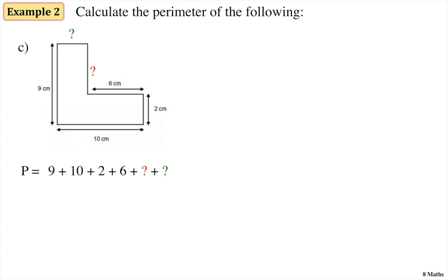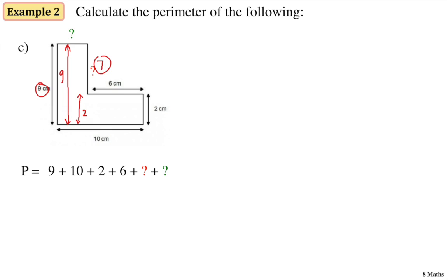So if I figured out the red side, I could look at it and I could go, I know the distance all of the way from the top to the bottom is 9. It says it there. I know that the distance from there to there is 2. How do I know that? It says it here. Which means 9 take away 2 is 7. My question mark is 7 centimetres long.